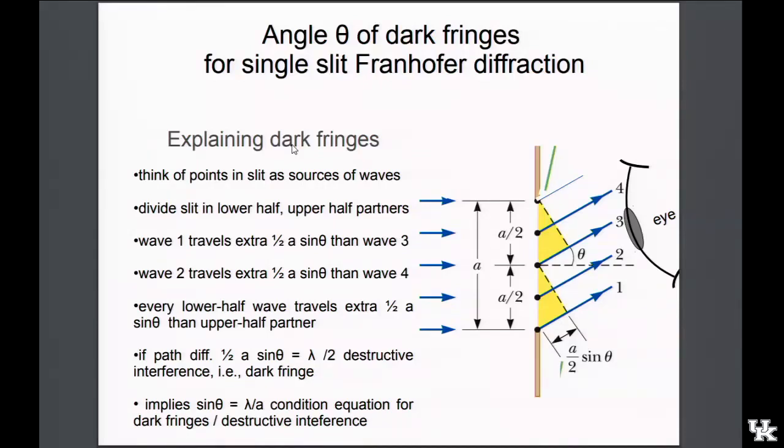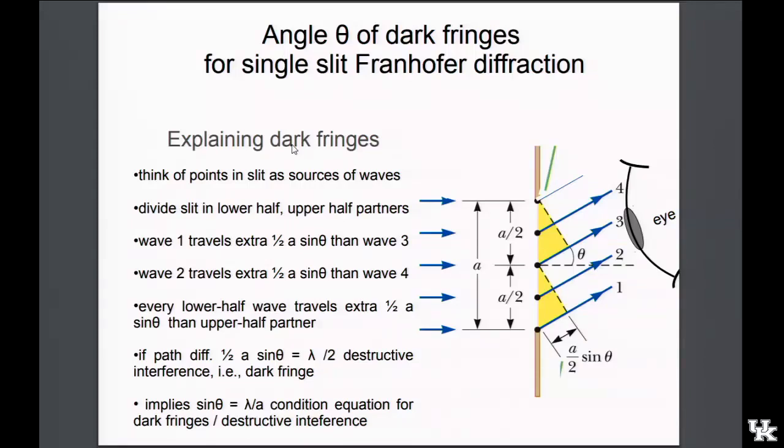If the extra distance that's traveled by wave number 1 compared to wave number 3 is a half integral number of wavelengths, so half a cycle, half a wavelength, you're going to get destructive interference.